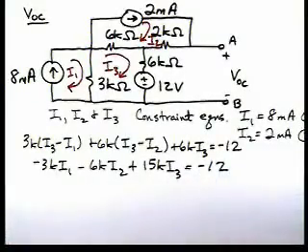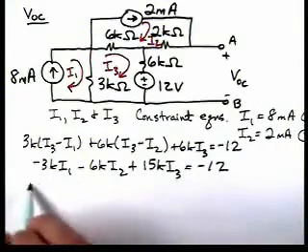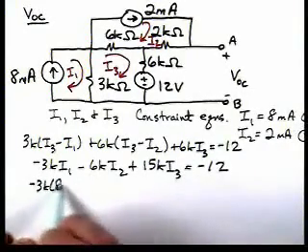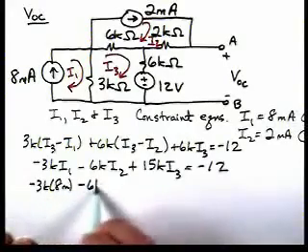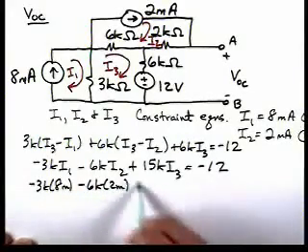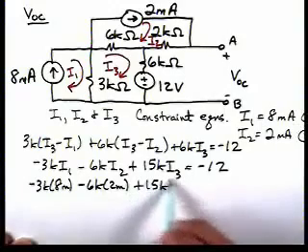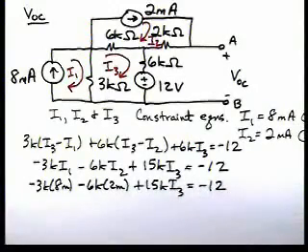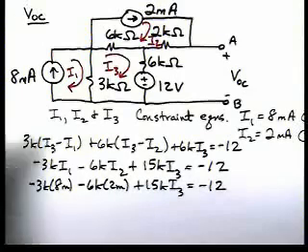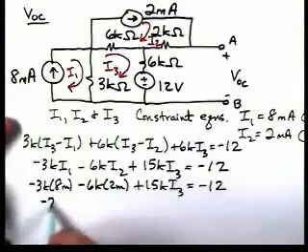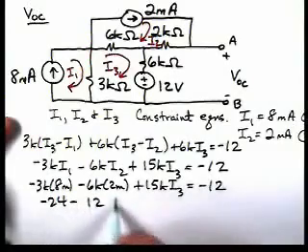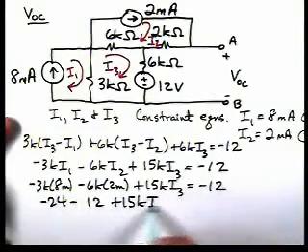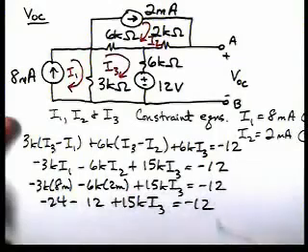Now we can substitute our constraint equations in. So we'll have minus 3K times 8 milliamps minus 6K times 2 milliamps plus 15K I3 equal to minus 12. That reduces to minus 24 minus 12 plus 15K I3 equal to minus 12.